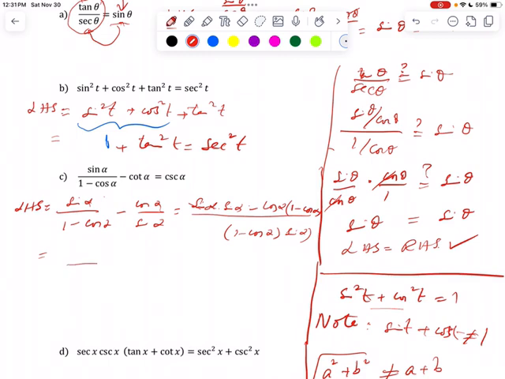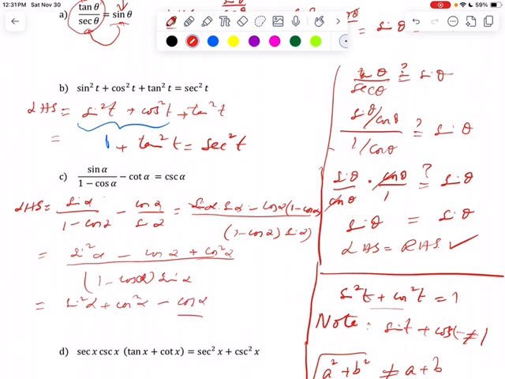So multiply out the numerator, do not multiply out the denominator. So on the top I am getting sine square alpha minus cosine alpha plus cosine square alpha, which can now be written as sine square alpha plus cosine square alpha minus cosine alpha, whole divided by 1 minus cosine alpha into sine alpha.